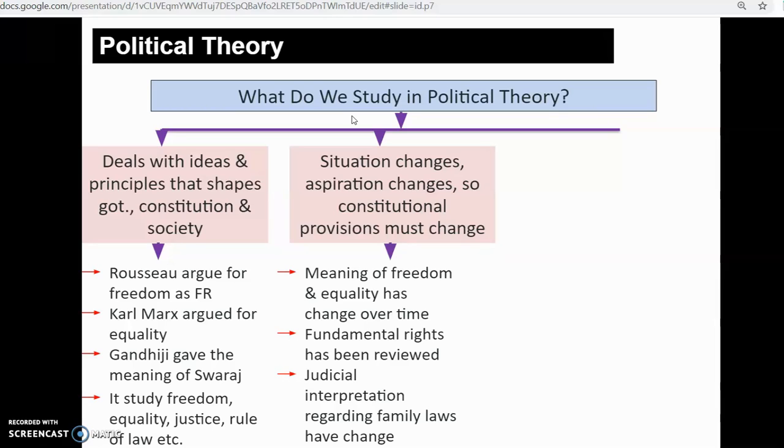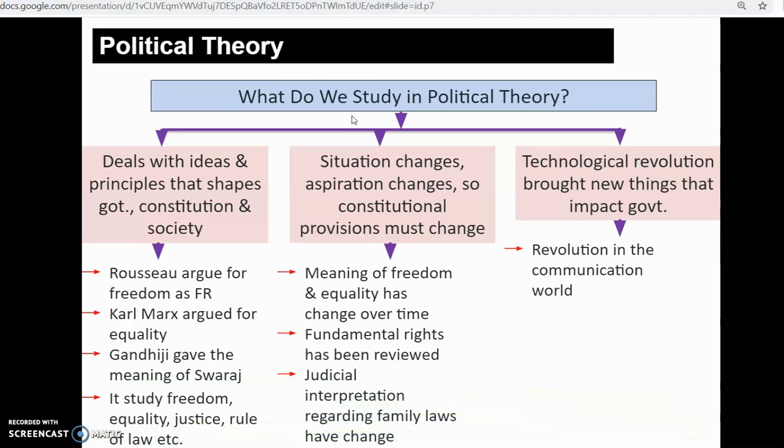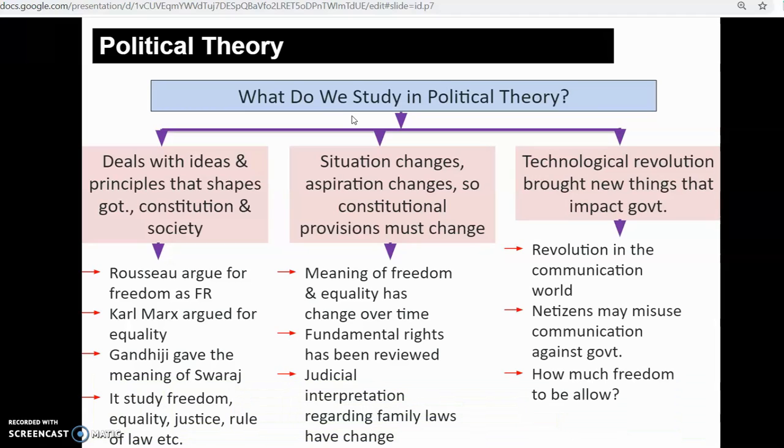Moreover, as there is technological advancement in the society, for example, in terms of WhatsApp, Facebook, YouTube, Instagram, or TikTok, right? This technological advancement again came up with various opportunities as well as various threats which can compel the government to take strict action against them.